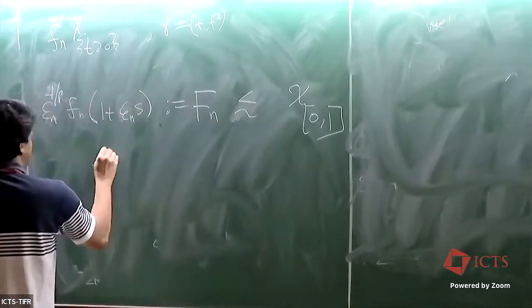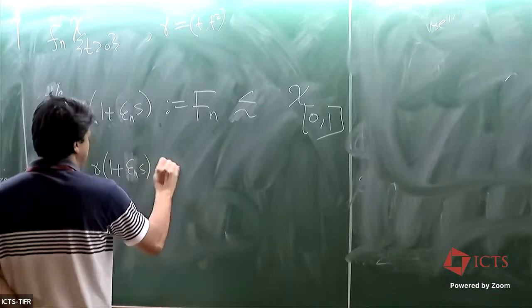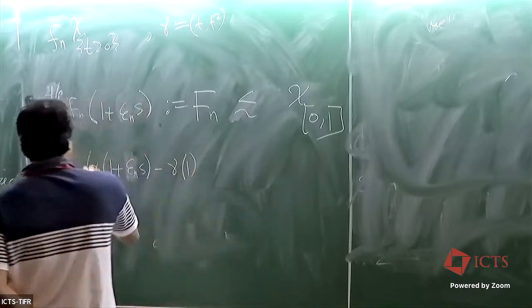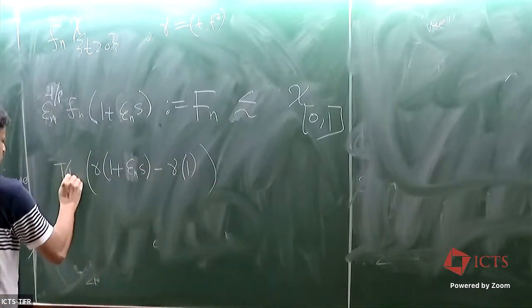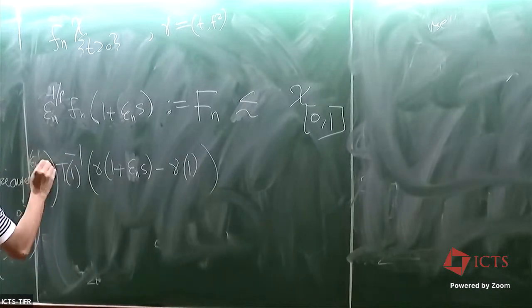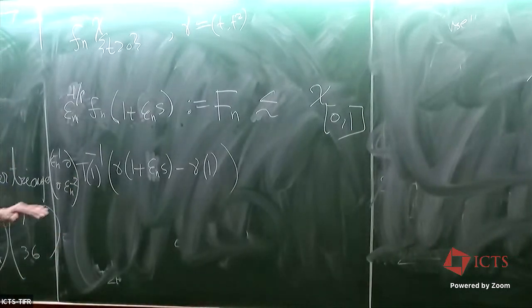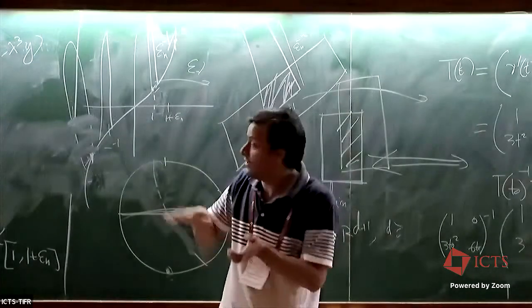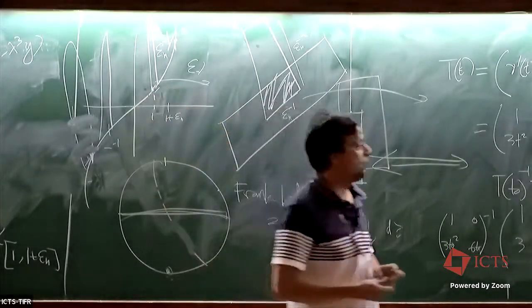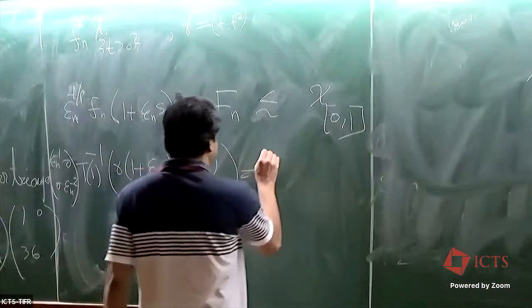We look at gamma of 1 plus epsilon n s minus gamma of 1, look at the Taylor polynomial, and apply the inverse of the torsion matrix at 1, scaling the second coordinate by epsilon n inverse and the third by epsilon n inverse minus 2. We are pretending that the torsion at this point is non-zero. So if we zoom in, we expect this to look like a parabola. That's why we are doing this scaling, and we do this calculation.